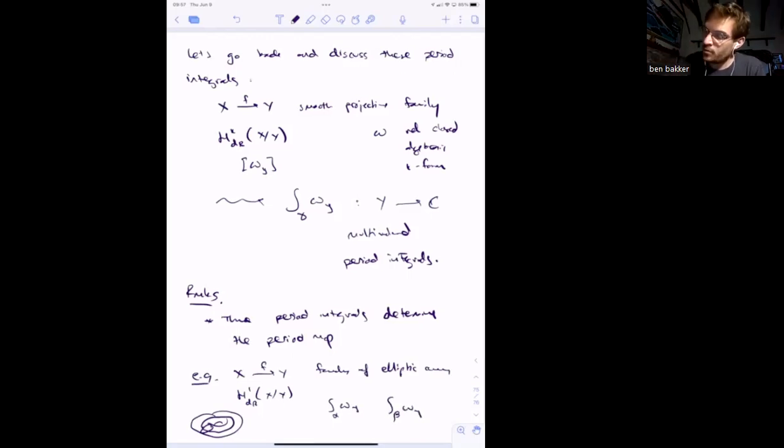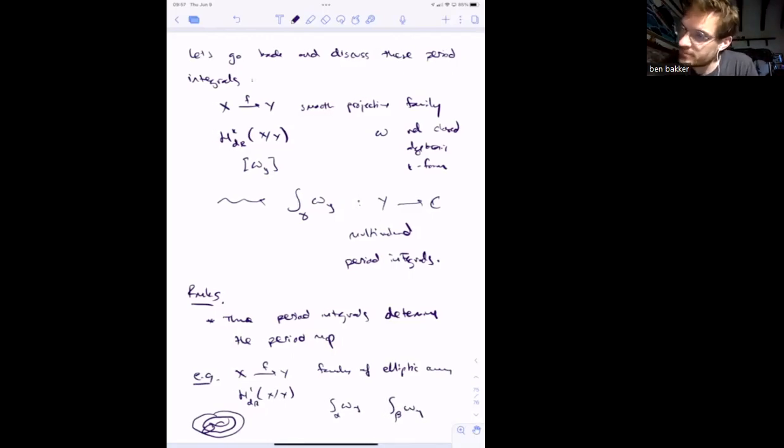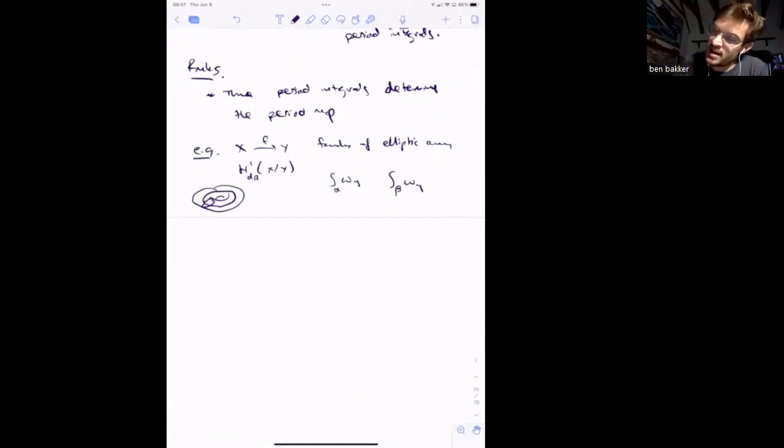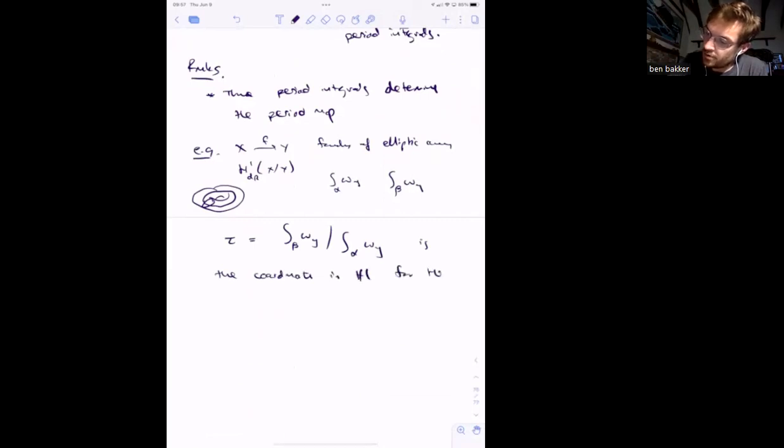The point I want to make is that the upper half plane coordinate for the Hodge structure is just given by the ratio, right? So this ratio is the coordinate in the upper half plane for the Hodge structure.